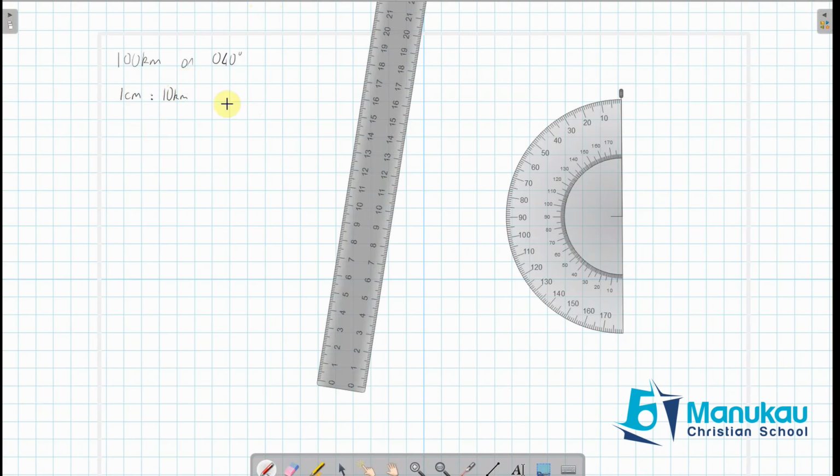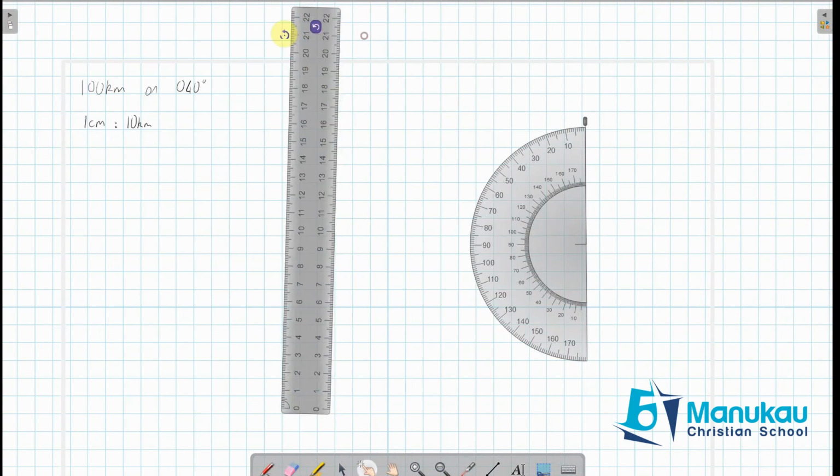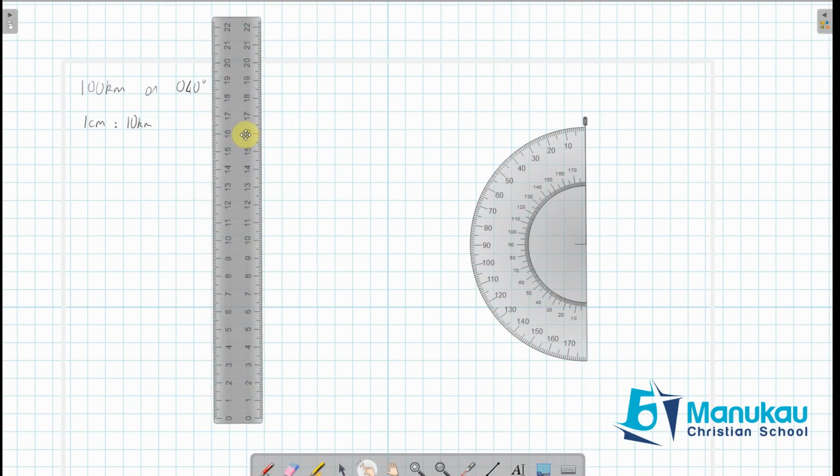Now, what I'm going to do next is I'm going to get my ruler and spinny. I think that's kind of good. And I'm going to draw my line in. This is going to be my north line. Get my pen. It's not quite right, is it?